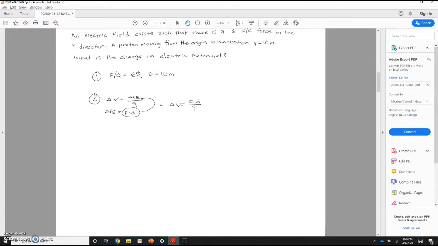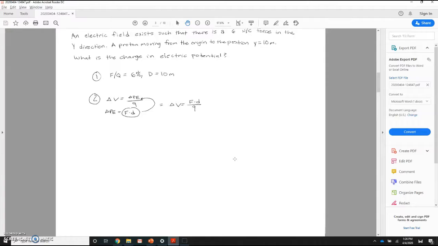We know, as we discussed previously, that the formula for electric potential is the change in V equals the change in PE, or the change in potential energy, divided by the charge. And then we also know the formula for the change in potential energy is equal to the force times distance.